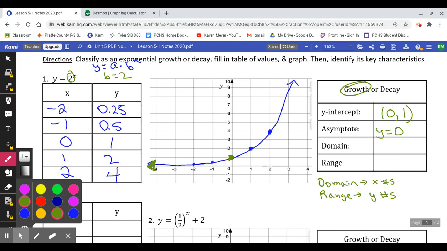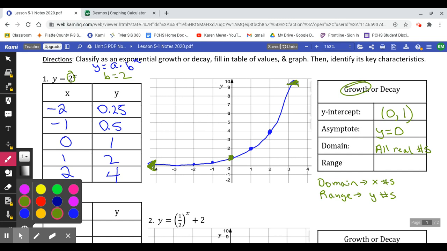And then on the right, as it's going up, do you notice that it's actually going out as well? So we're using all the x numbers on the right. So my domain is everything. So everything is what we call all real numbers. And the good news is that every exponential function here will have the domain of all real numbers.